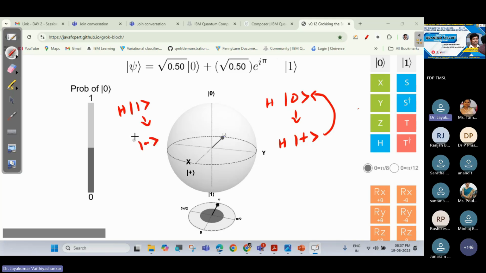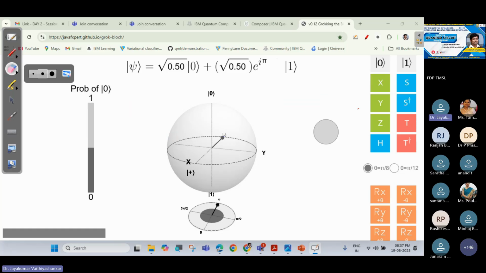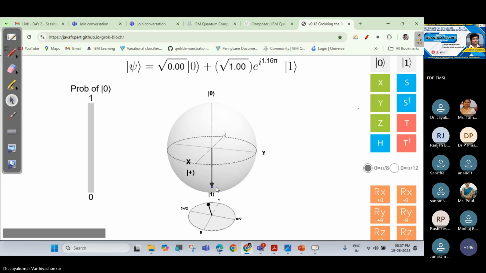From the negative state, if we apply Hadamard, it will go back to state 1. Now we can recheck with this action. We are in the negative state, apply Hadamard, it will go back to state 1.